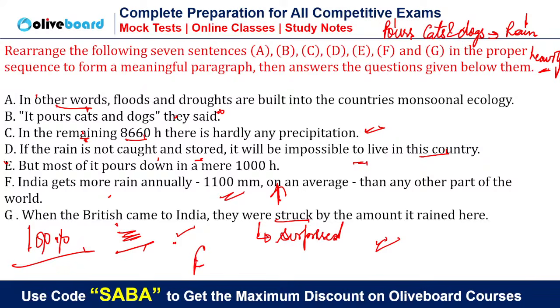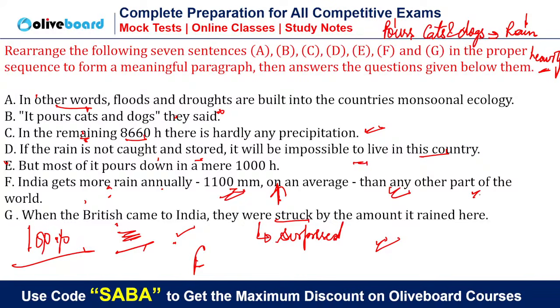Somebody said past, present, future. Here, is the theme Britishers or the rainfall of India? First we say that India gets more rain annually, 1100 mm on an average, more rain than any other part of the world.